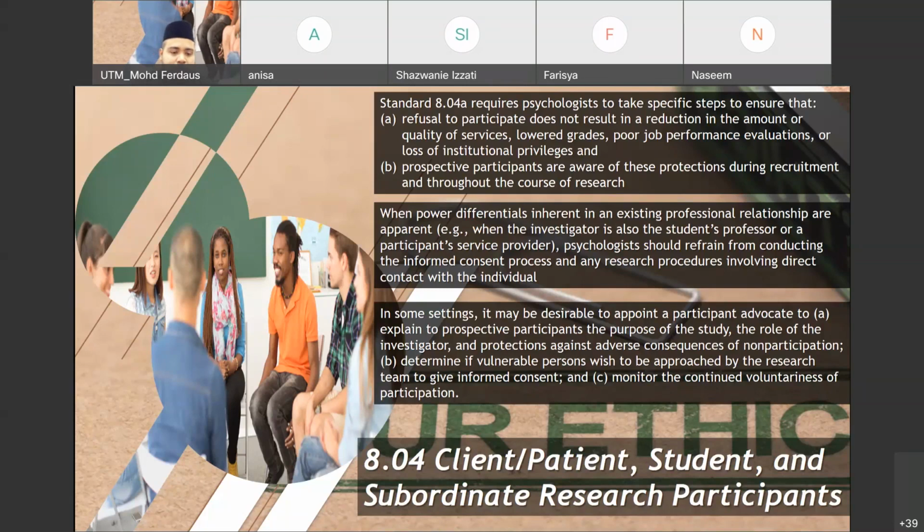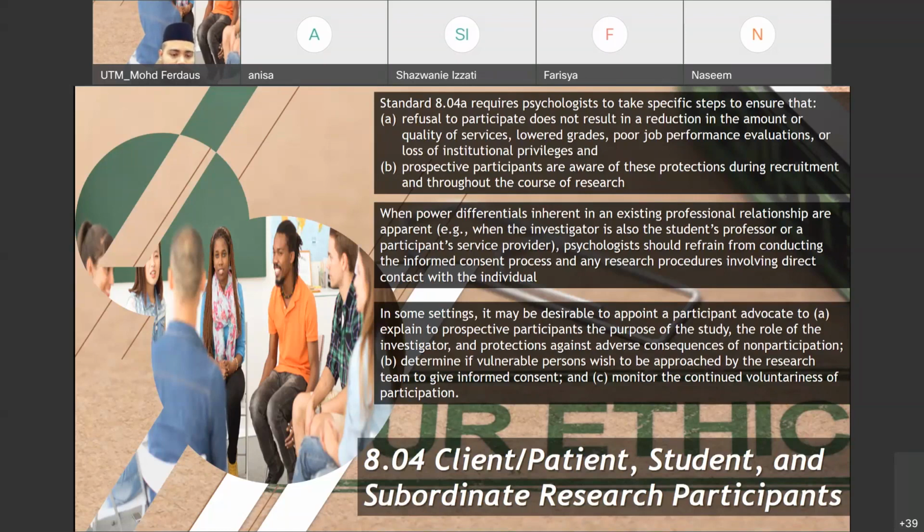Participant advocate means here, like the RA, my assistant, my representative, or other co-researchers who don't have direct influence on the grades or the evaluation of the participant, to represent us to explain the purpose of the study, the role of the investigator, all of the rights of the participants, and the protection against adverse consequences, and to determine if vulnerable persons wish to be approached by the research team to give informed consent.